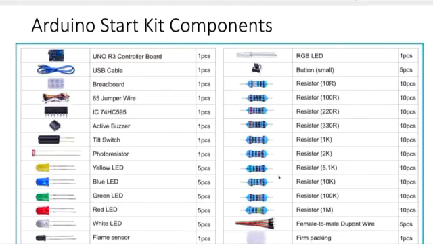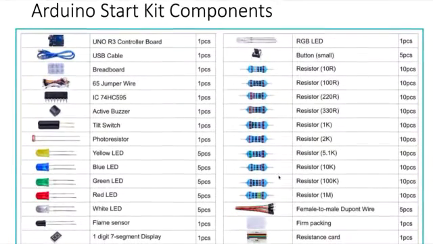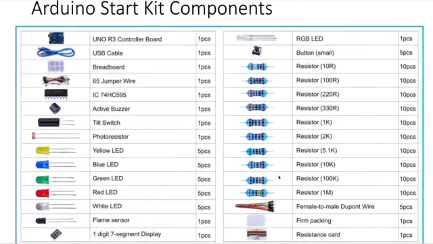In terms of the components in the Arduino kit, this is something that you will have in there. It's a little piece of paper with your kit. You have the controller board, the cable, the breadboard, the jumper cables, and all these other devices that I began to talk to you about.